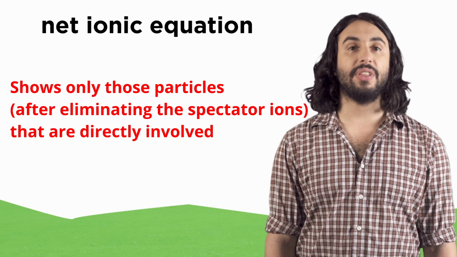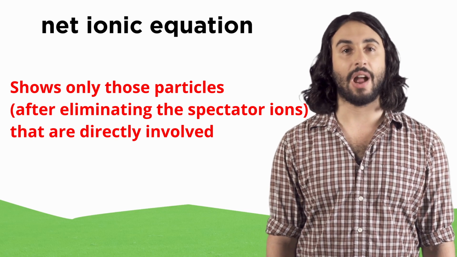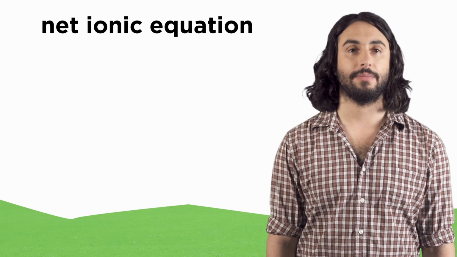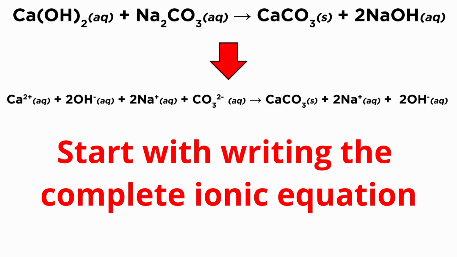We can write molecular equations to describe solution chemistry, but we can also use net ionic equations. This summarizes the key transformation by eliminating spectator ions, the ones that just sit in solution and don't do chemistry. To do this, we start by writing the complete ionic equation. This involves splitting the ionic compounds into their respective ions. Just remember the common charges of the ions to include the correct formal charges.